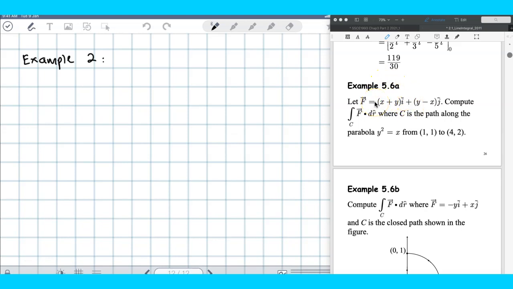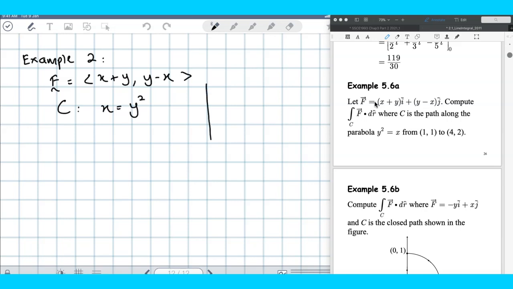Your f is given by x plus y, y minus x. So you have to compute the line integral for the vector field where your curve is the path along the parabola, okay, so x equal to y squared.